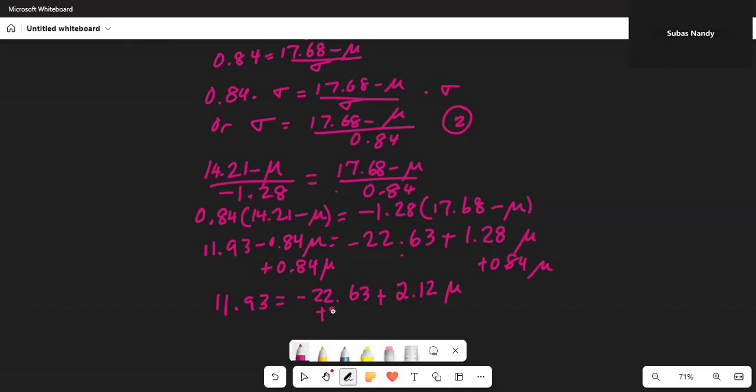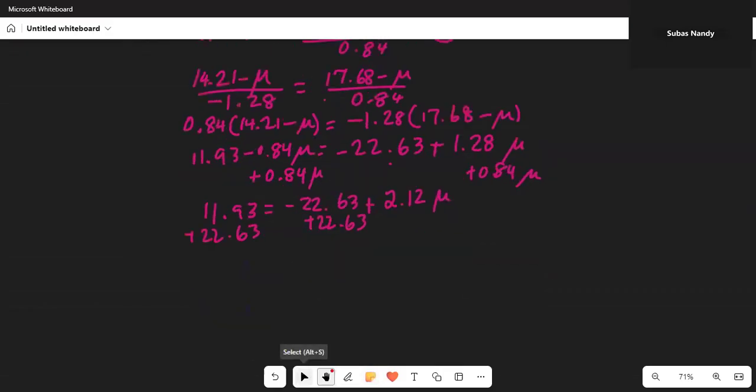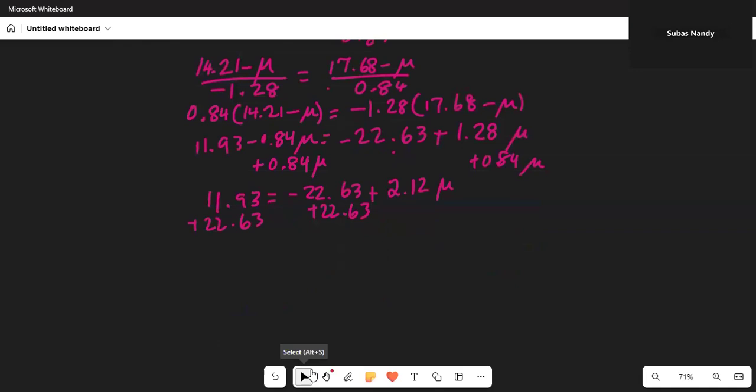Then add 22.63 on both sides. 22.63 plus 11.93 on the left-hand side is 34.56.